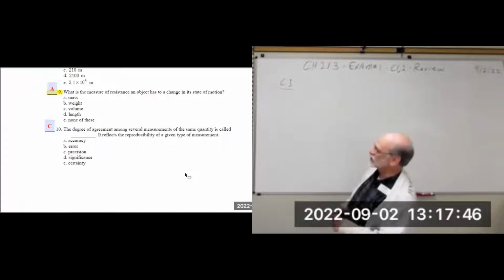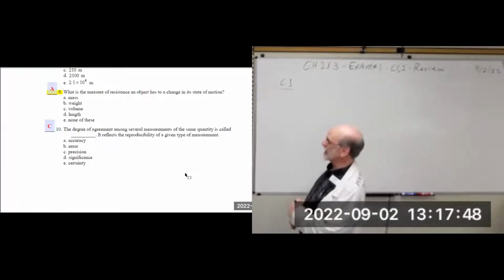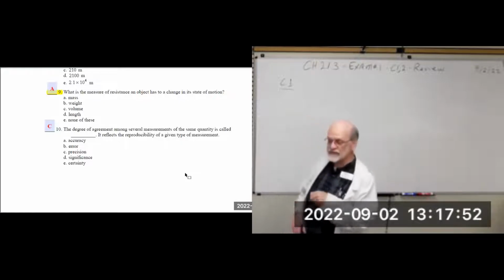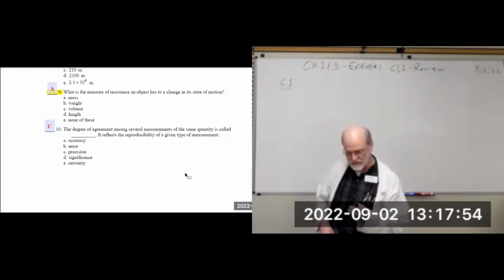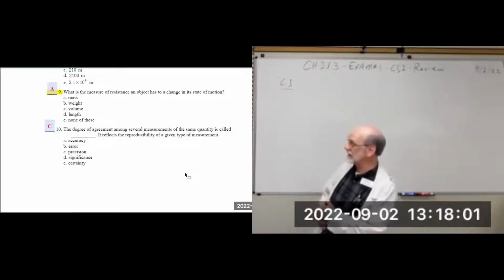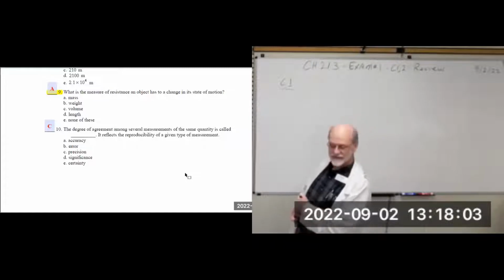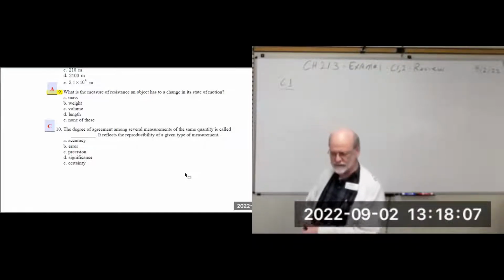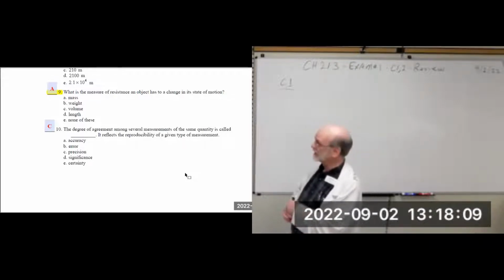9. What's the measure of resistance an object has to a change in its state of motion? Resistance to a change in state of motion. You can go process of elimination, right? Is it length? I don't think so. Volume? That's just a simple statement of dimensions.